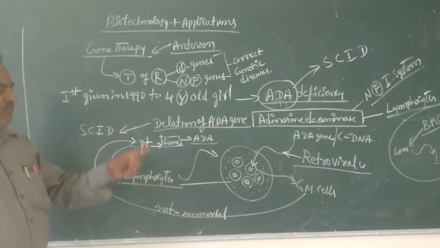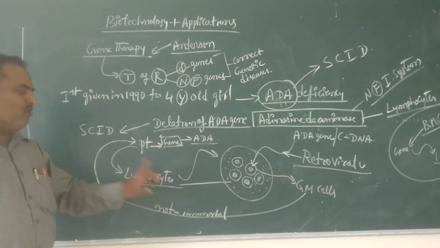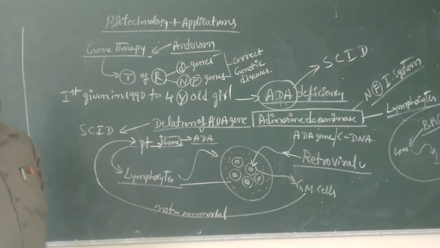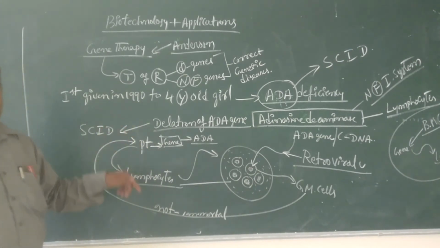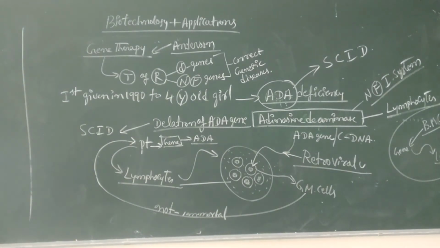Usually, genetically modified lymphocytes are not immortal. Therefore, the patient requires repeated treatment; repeated infusion is necessary for avoiding that disorder.